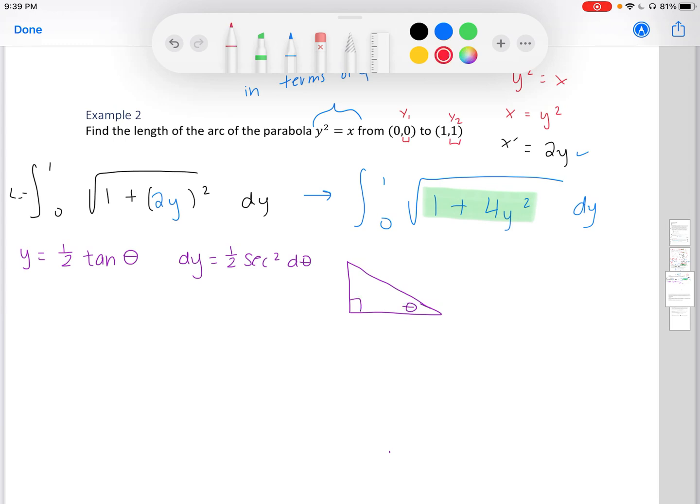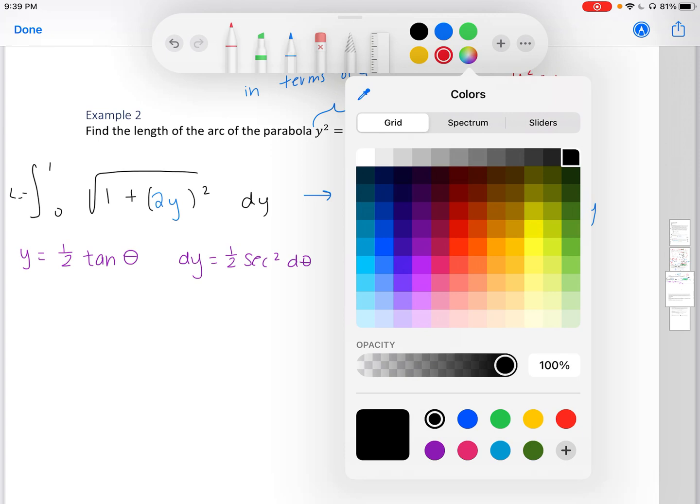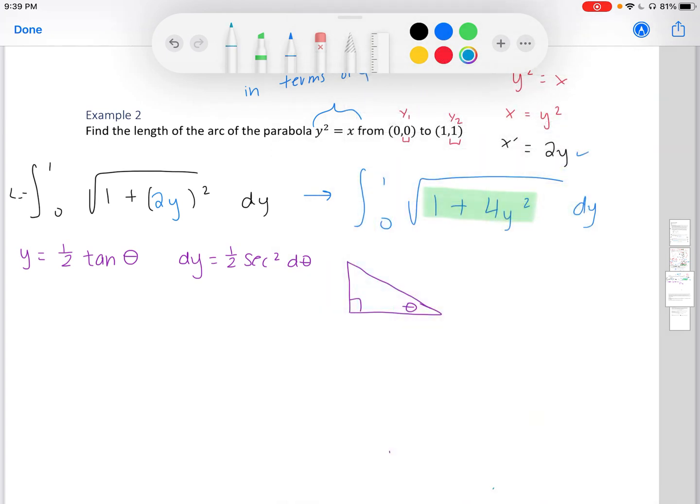So with that said, if y equals 1/2 tangent theta, we multiply it by 2. So we have 2y equals tangent of theta. We can write it as over 1. Tangent is opposite over adjacent.